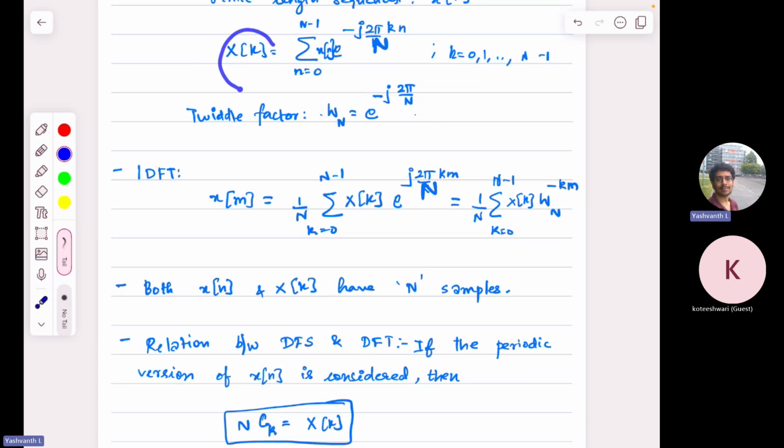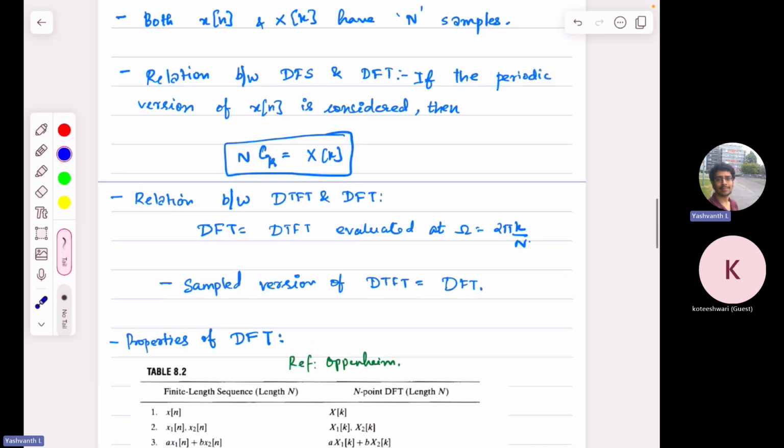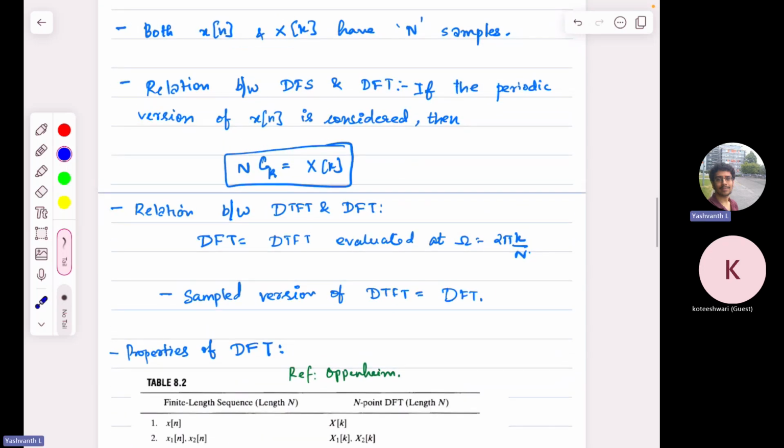How do you relate this X of k to the discrete Fourier series coefficients and discrete time Fourier transform coefficients? Okay, so the relation between discrete Fourier series and discrete Fourier transform is given as follows. Recall that the discrete Fourier series was constructed for a periodic discrete time signal.